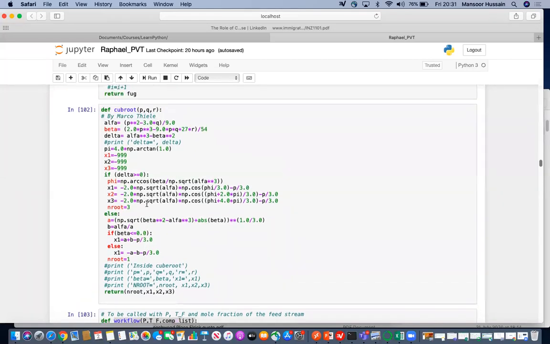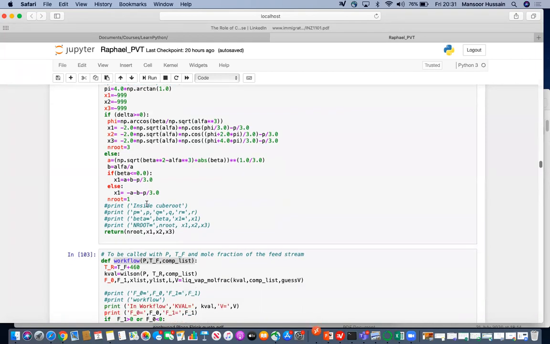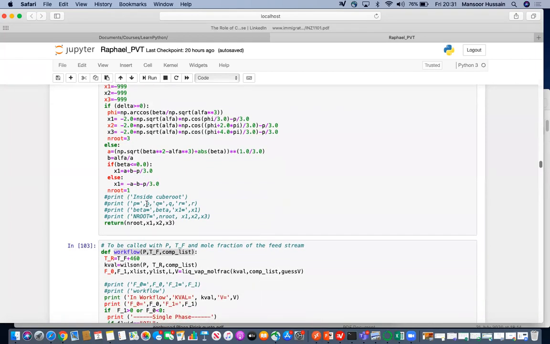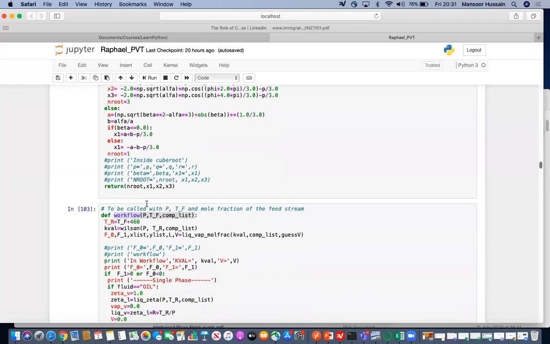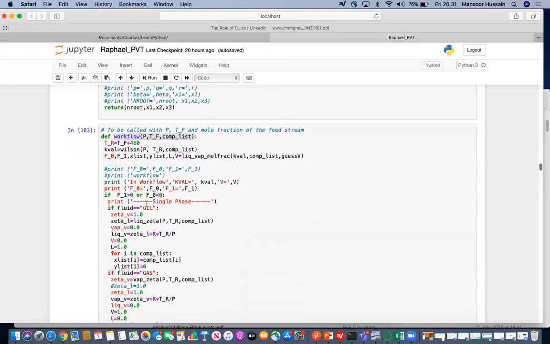When this solver gives you two real roots, that means you have a two-phase composition. And when it gives you one single root, that means you have one-phase composition. But then there are further checks that we carry out to find out if it's liquid or vapor, and if it's single phase or two phases.